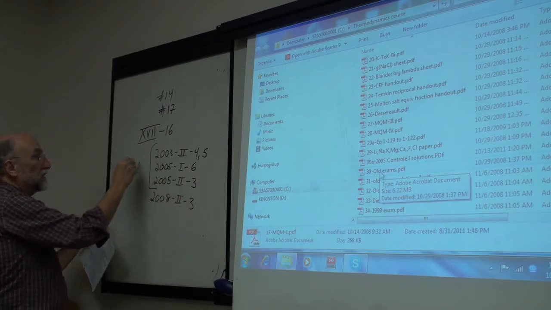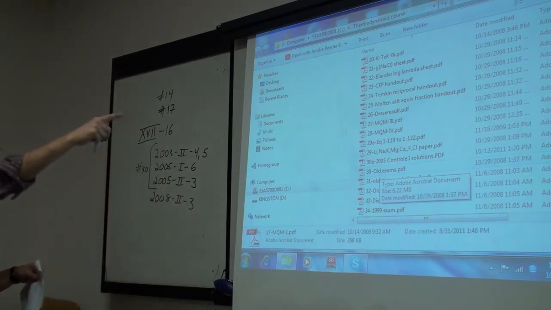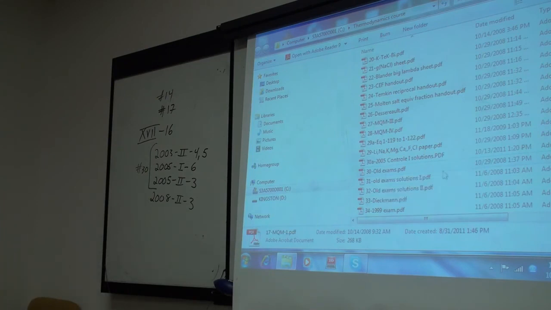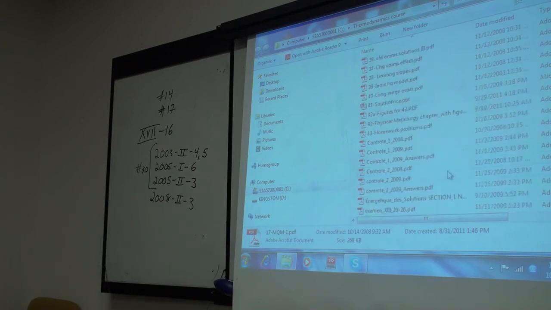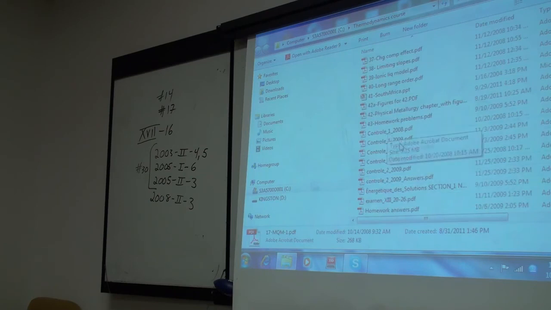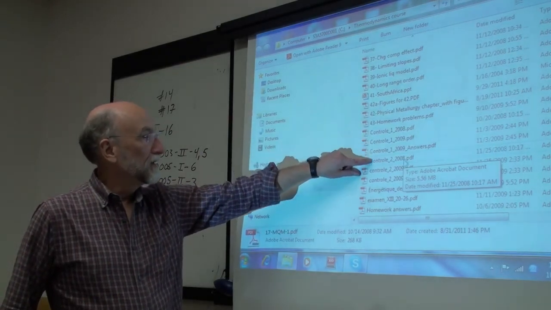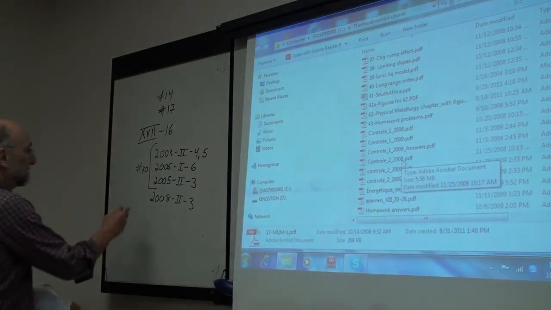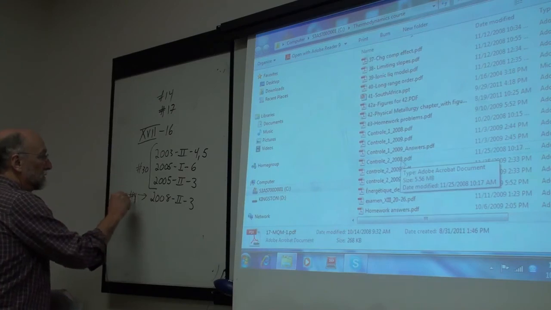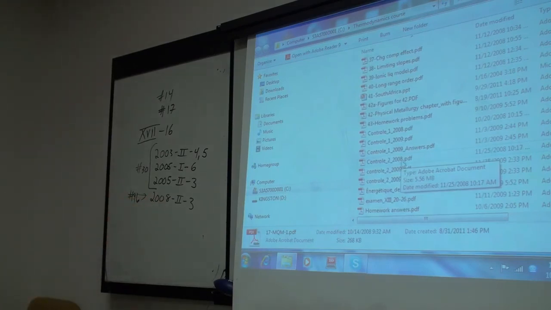The first three are in number 30 on the server, and the 2008 one, control 2, I gave a number to actually. I called this 44 or 45. It should be number 46, I think. Anyway, you'll find that on the server.